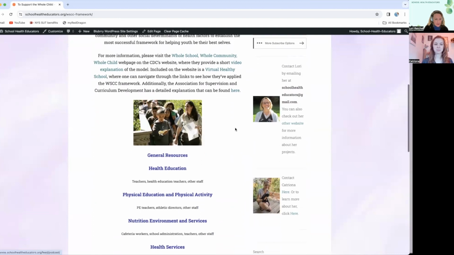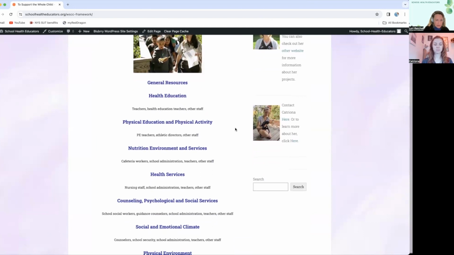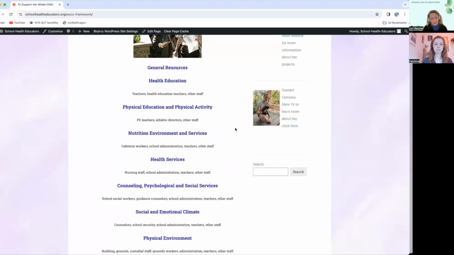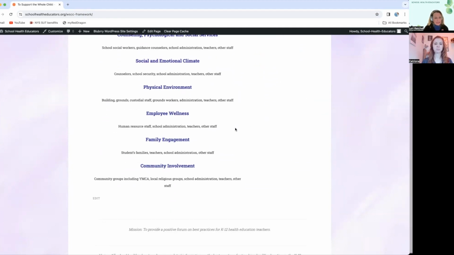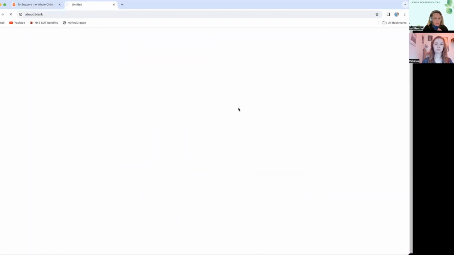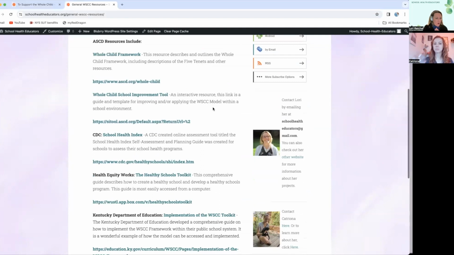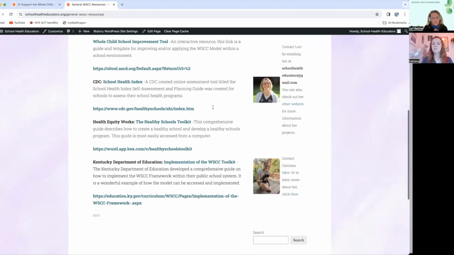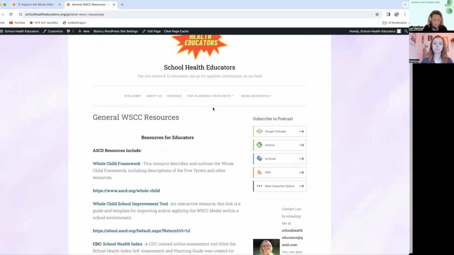She has put together information for every component of that framework, from health education, of course, which is what we have a background in, to health services, counseling, psychological and social services, the social and emotional climate, etc. We also have a link for general resources, if you want to go to the ASCD links for the whole child framework, or go to the CDC or the Healthy Schools Toolkit. Items are noted for supporting the whole child.